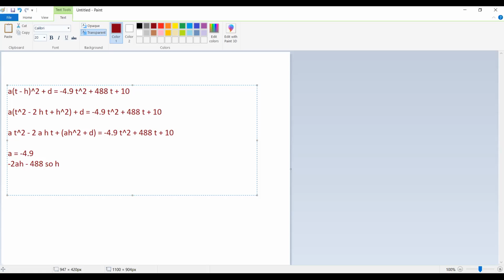So h equals 48 divided by negative 2a. And then finally, we have ah squared, so d equals 10 minus ah squared. Since we know what a and h are, we now know what d is. So we can keep solving one after the other after the other.